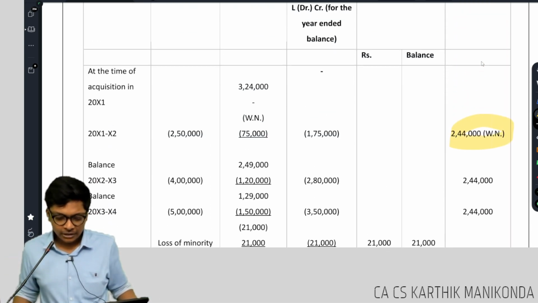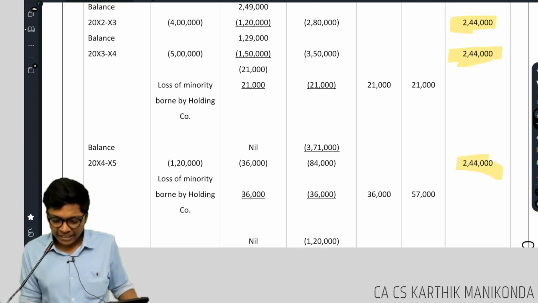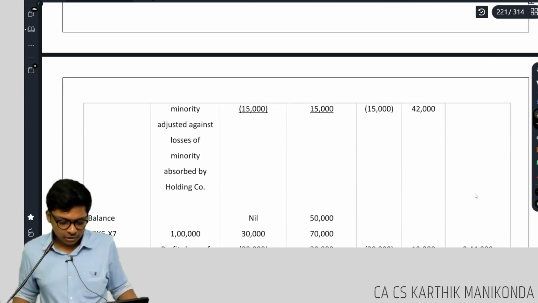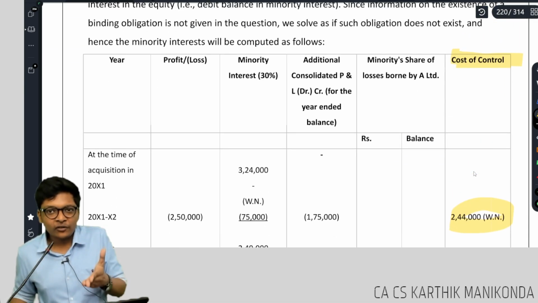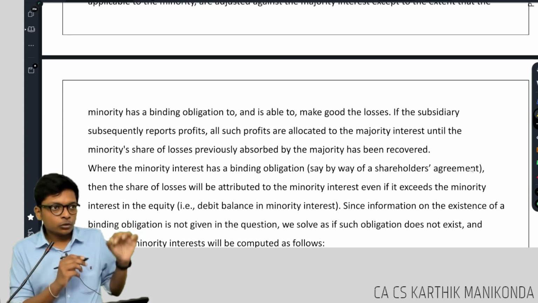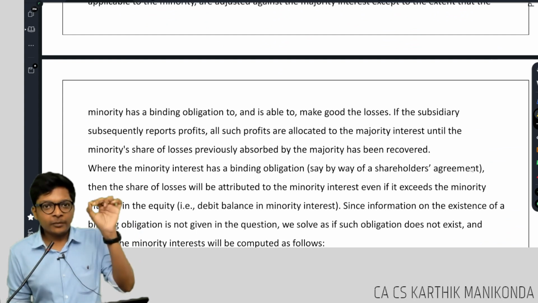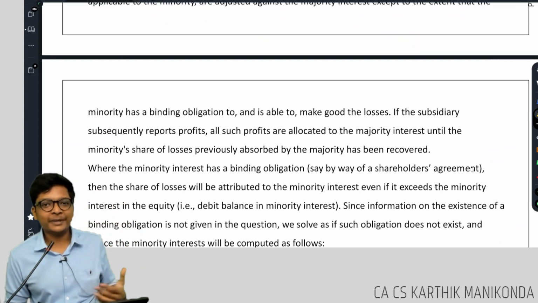They are doing it for all the years. Every year it is 2 lakh 44. I will not even write like this. Why write 2,44,000 7 times, sir? I will write a paragraph: goodwill will remain 2,44,000 from year 1 to year 7. That's it. Over. Why write 7 times and waste my ink and time?